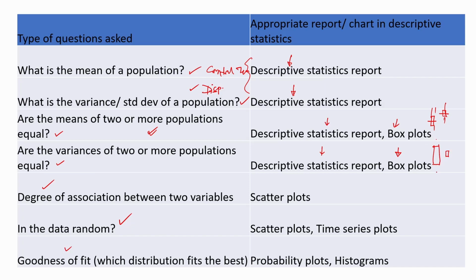If the length is too wide, then the variance is much more compared to a box plot having a small length. And then the degree of association will be determined in terms of a scatter plot. We have not discussed this, so I will discuss it in a moment. Then whether the data is random or not will be determined in terms of either a scatter plot or time series plots.